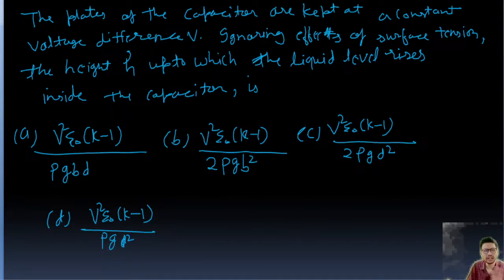Very good question, and it's a formula based question, guys. How to solve it? You need to just note down the formula, and you can easily solve it. Okay, so I'll solve now.